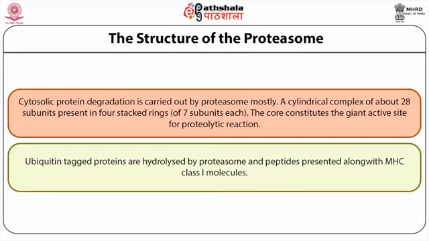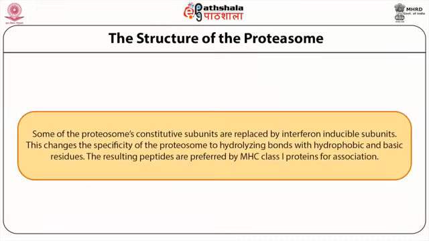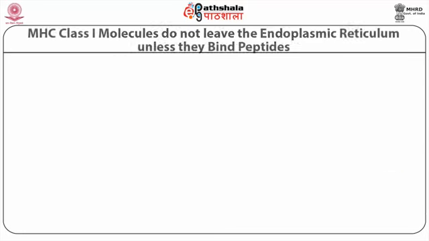Ubiquitin-tagged proteins are hydrolyzed by the proteasome and peptides presented along with MHC class 1 molecules. Some of the proteasome's constitutive subunits are replaced by interferon-inducible subunits. This changes the specificity of the proteasome to hydrolyzing bonds with hydrophobic and basic residues. The resulting peptides are preferred by MHC class 1 protein for association.